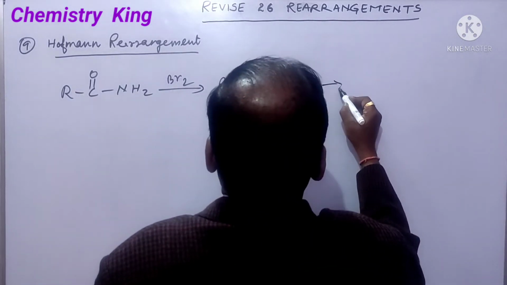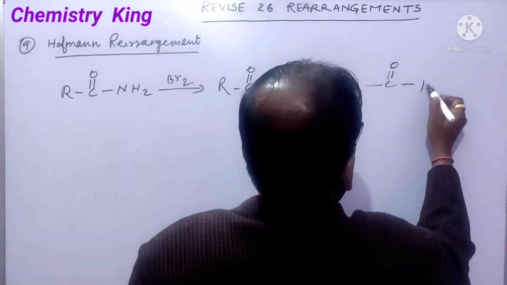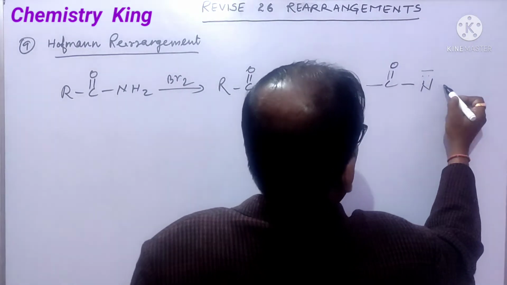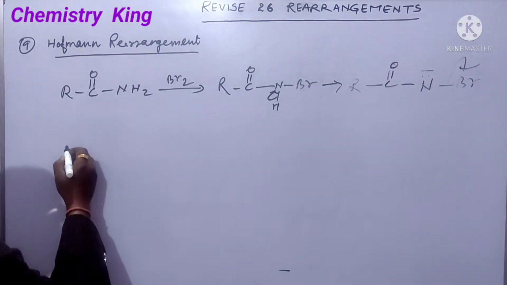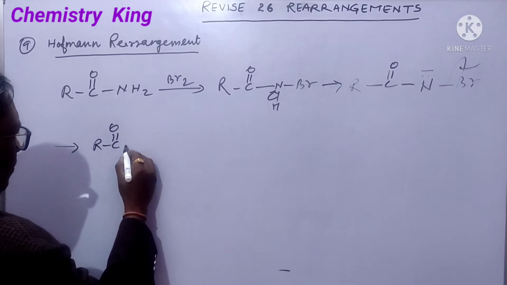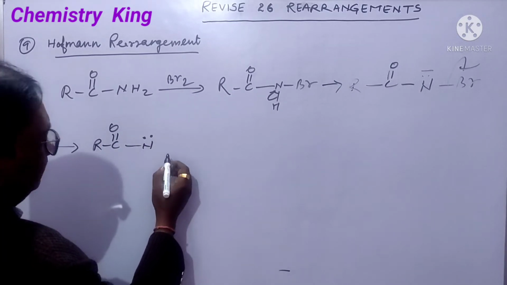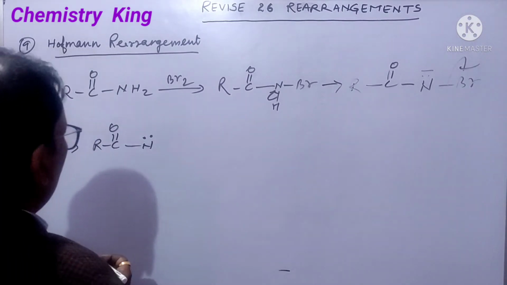So you will get RC double bond O, N minus Br. This Br is eliminated as Br minus, giving RC double bond O and nitrene. You are getting first nitrene. Okay?